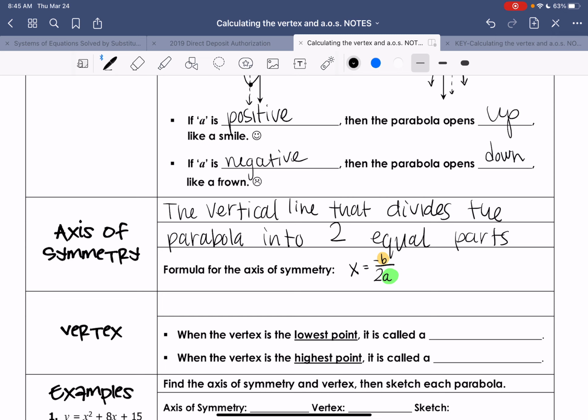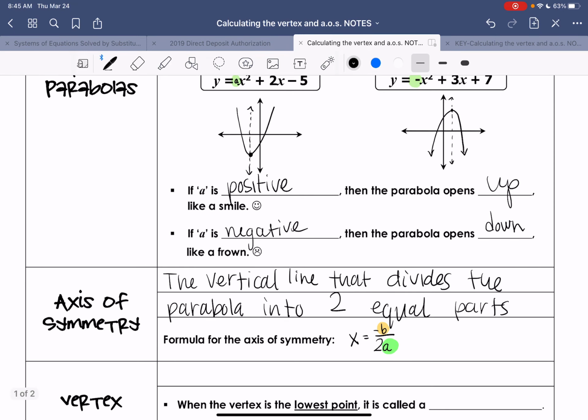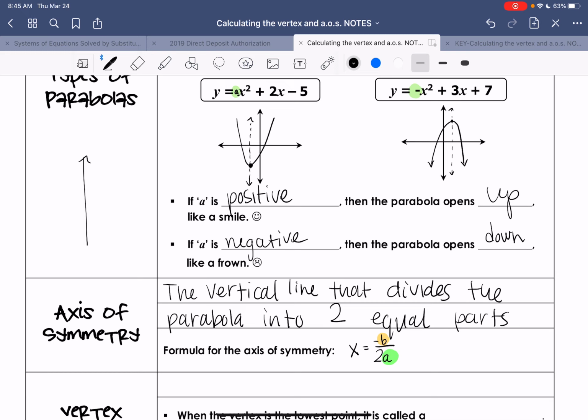So remember an x equals graph. I'm just going to draw a coordinate plane really quickly. Let's say this is 1 and this is 1.